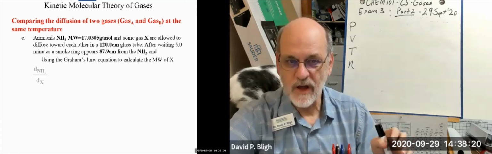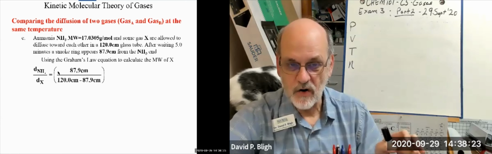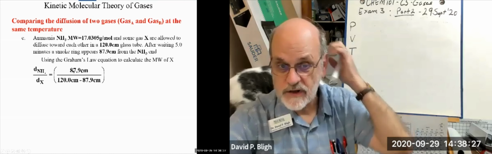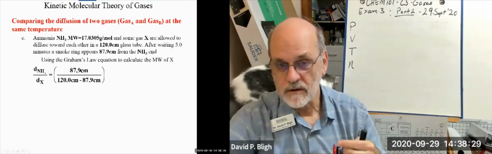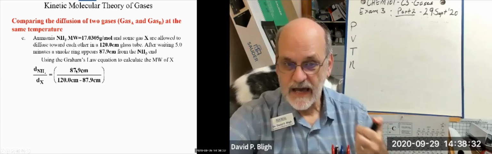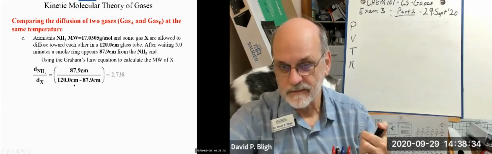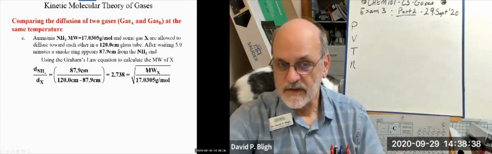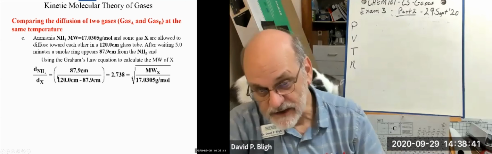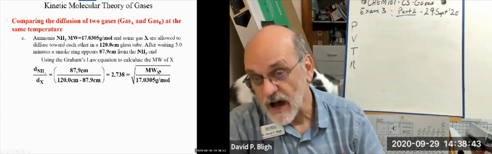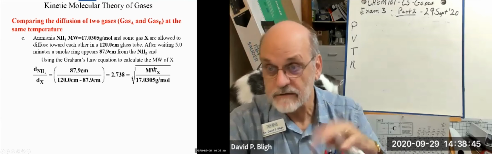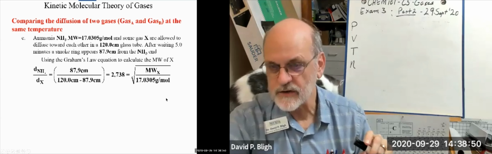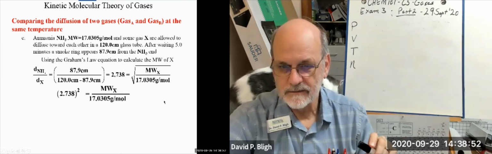So using Graham's law, we can say the distance ratio is this distance for ammonia, which has moved that far, and then X, which has moved this far. Right, so that's the ratio, which is equal to the, see, because X is on the bottom here, X has to be on the top here. They're inverted. We know this value, so now we can solve for what is the molecular weight of X. Right?